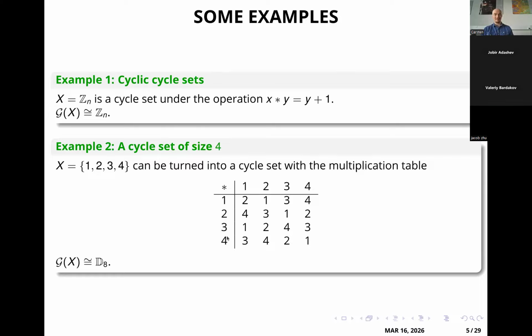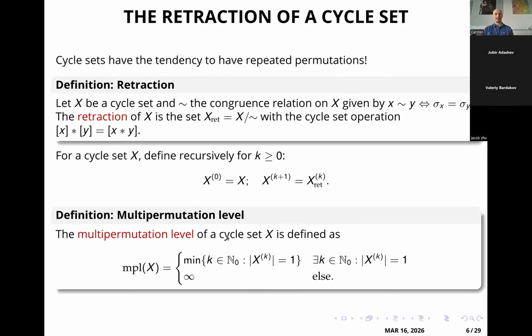In fact, a generic cycle set seems to tend to have repeated rows. And this phenomenon is captured by the notion of retractability, or the retraction of a cycle set. Because it turns out cycle sets tend to have repeated permutations.